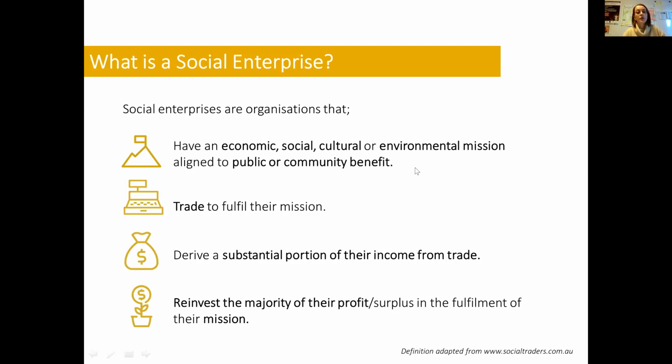They derive a substantial portion of their income from trade, but reinvest the majority of their profits in the fulfillment of their mission. This they separate from their pure commercial counterparts with this last aspect, reinvesting in the social mission. This is also the main aspect that differentiates their business models from commercial business models. We will come to that again later on.